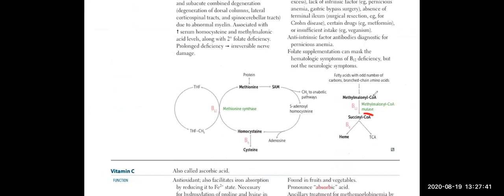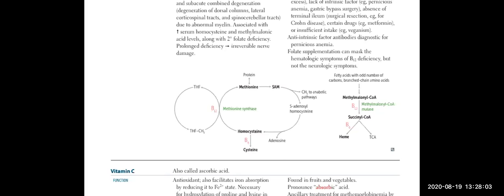This is your step of methylmalonyl CoA converting into succinyl CoA, and the enzyme is mutase. Basically what this enzyme is doing is just changing the position of the molecules that are present in these structures. So this is also your example from the First Aid book.